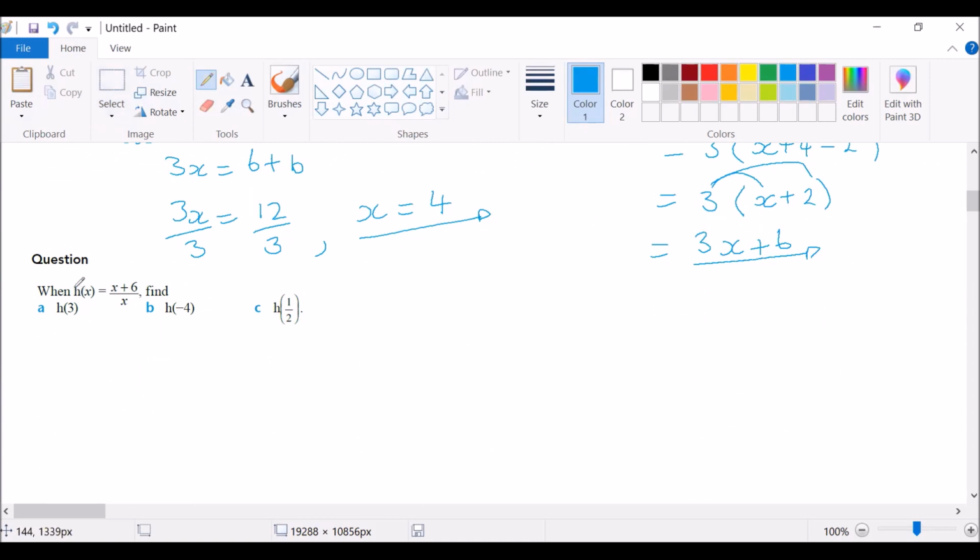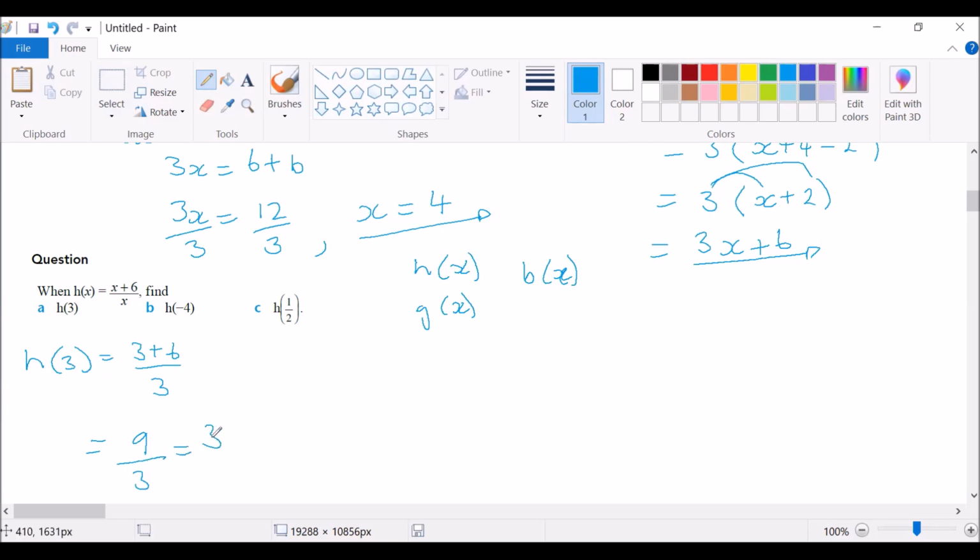Now, functions can come with any letter. We can have h of x, g of x, b of x, but the concept is still the same. So when h of x is equal to x plus 6 over x, find h of 3. H of 3 is equal to, whenever we see x, we are replacing with 3. So there we should put 3, there we should put 3. 3 plus 6 over 3, which will give us 9 over 3, which is 3.